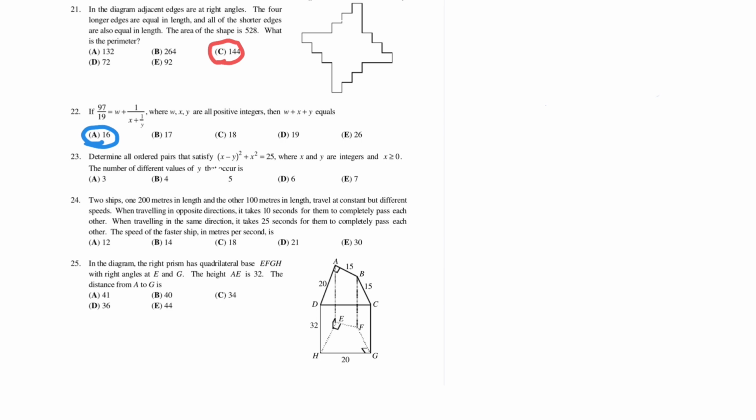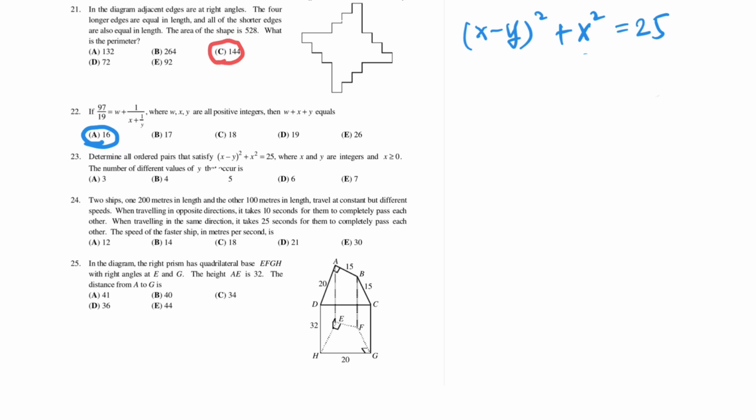The number of different values of y that occur is... let's calculate this one. So (x minus y) squared plus x squared equals 25. All the even powers give us positives, so we can solve this problem easily.